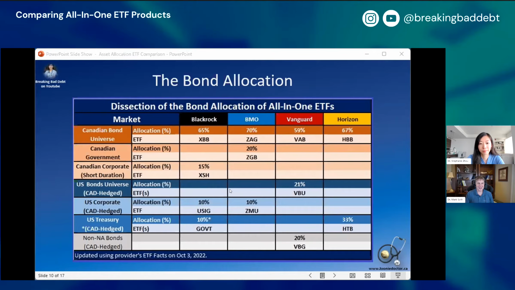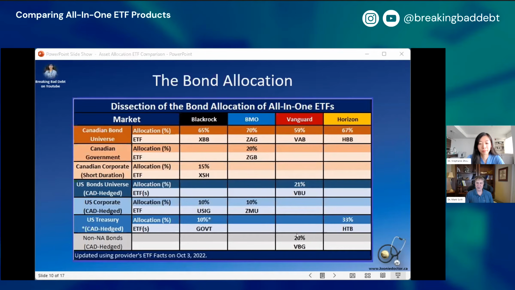Vanguard has the total bond universe, which includes some corporate bonds, and Horizon has the Canadian bond universe, which also includes some corporate bonds. But even within those markets, the vast majority of the bonds are government bonds, which is what we'd really want to have.